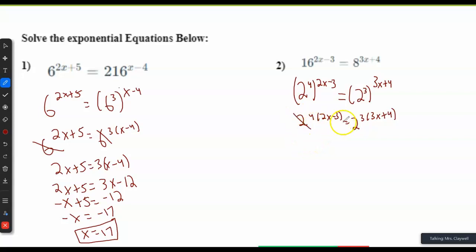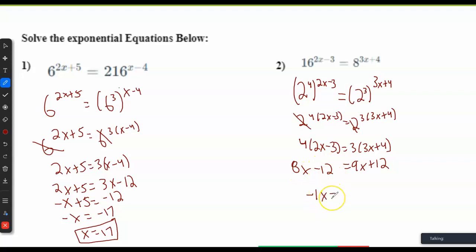I can just cross off my bases once they're the same. And x becomes negative 24.